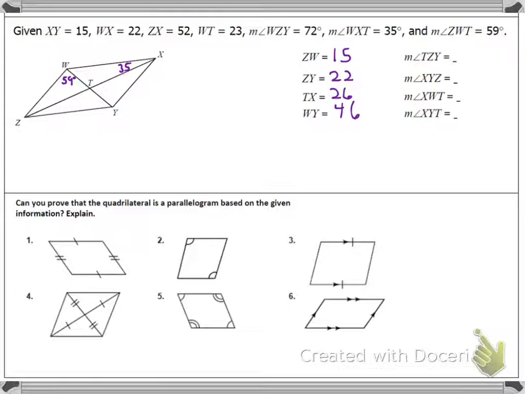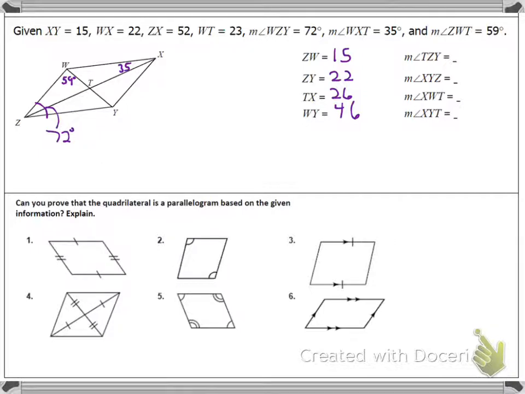Oh, we've got one. WZY, the whole thing there is 72 degrees. What I like to do on these is first go through and find all of the angles. Once I have all the angles, then I can find the parts that I need. So first off, we have alternate interior angles because of a parallelogram. So if this is 35, this portion down here, TZY, is also 35.